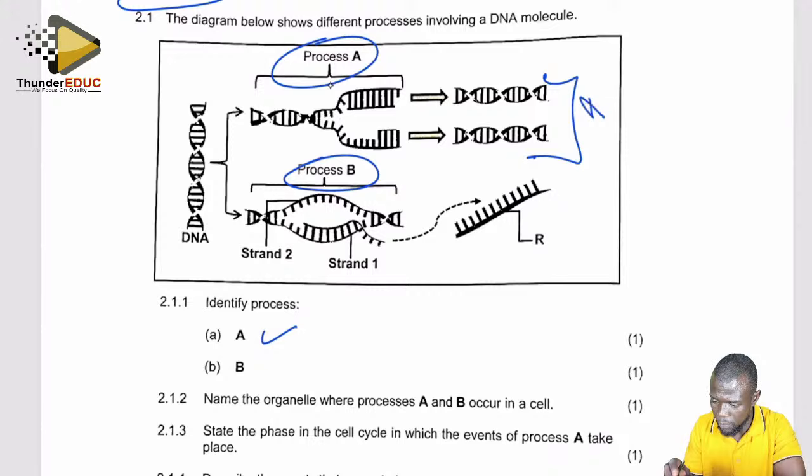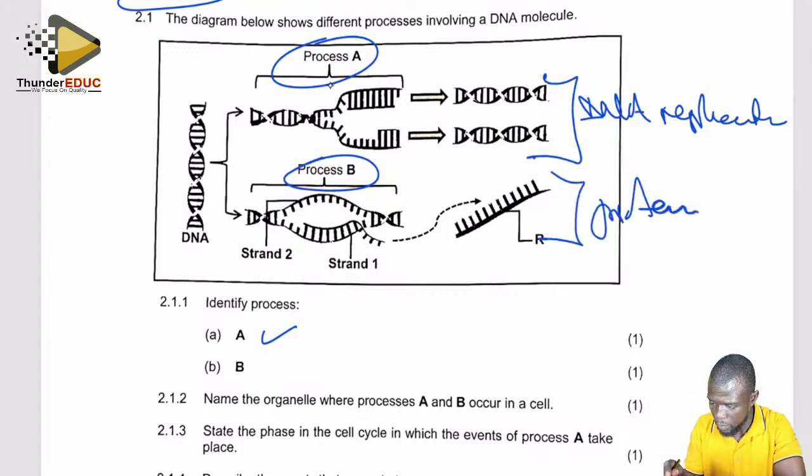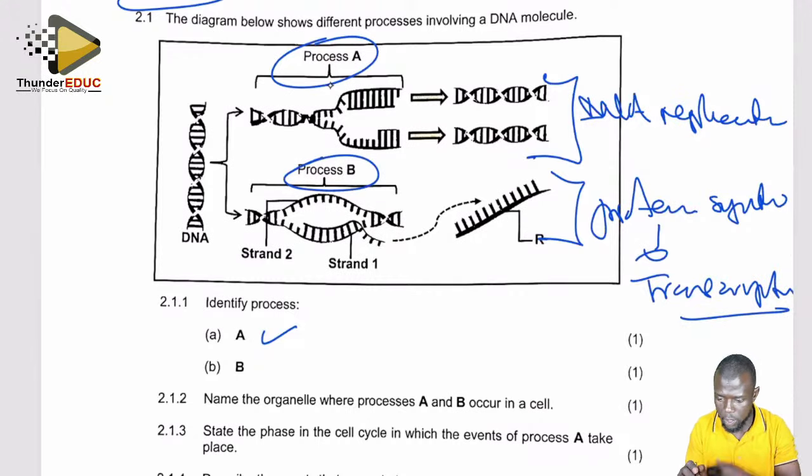While process B, we see this is protein synthesis, basically transcription. So process B is transcription, while process A is DNA replication.